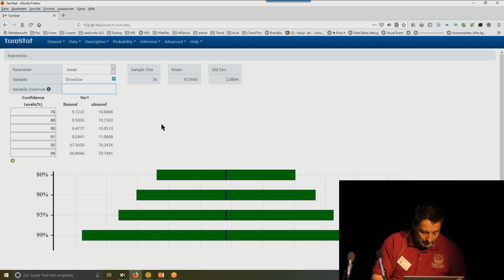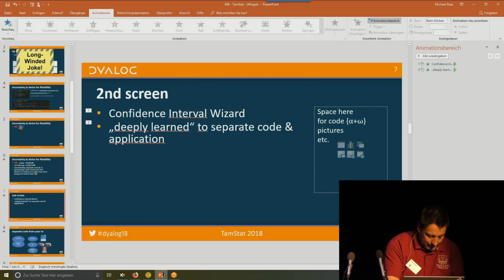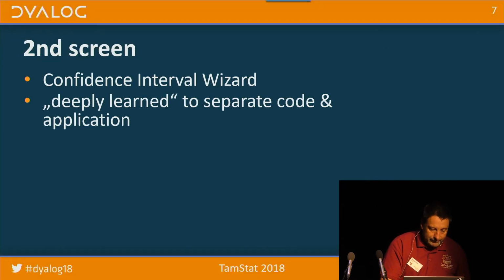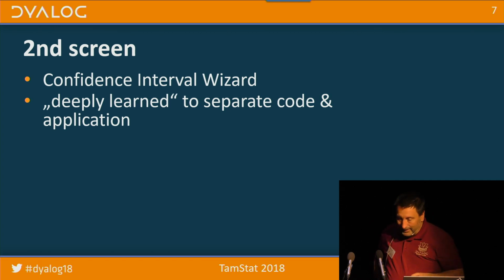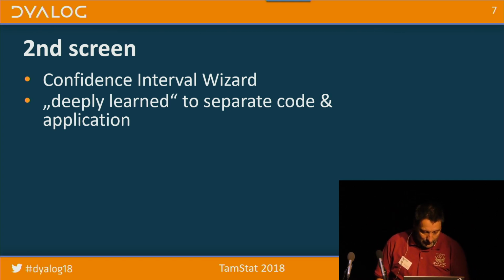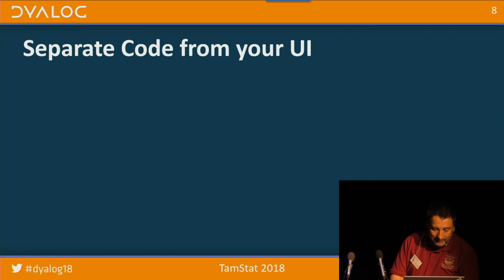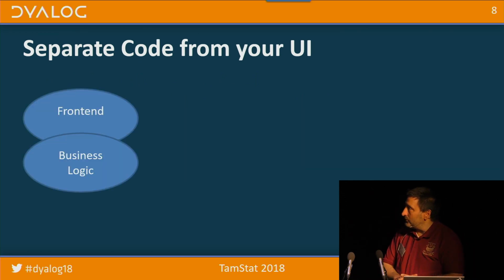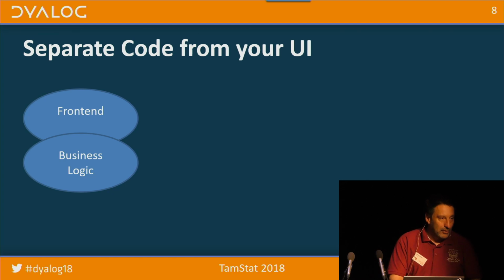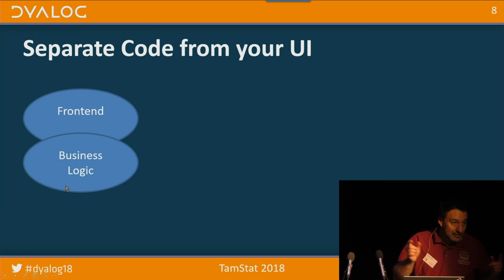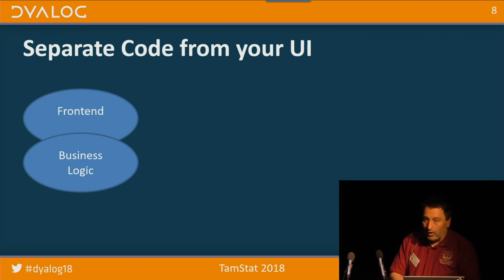So we had to rethink how we should do that. So we really, I think, during that experience, learned to appreciate the separation of code and application. And so the situation that we had in the beginning was there was a front end, the quad WC front end, and the business logic, the statistical core functions that you can use in the workspace.